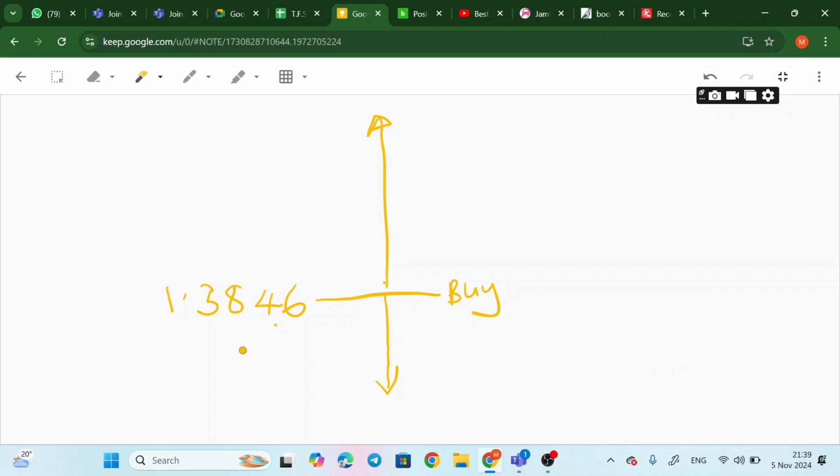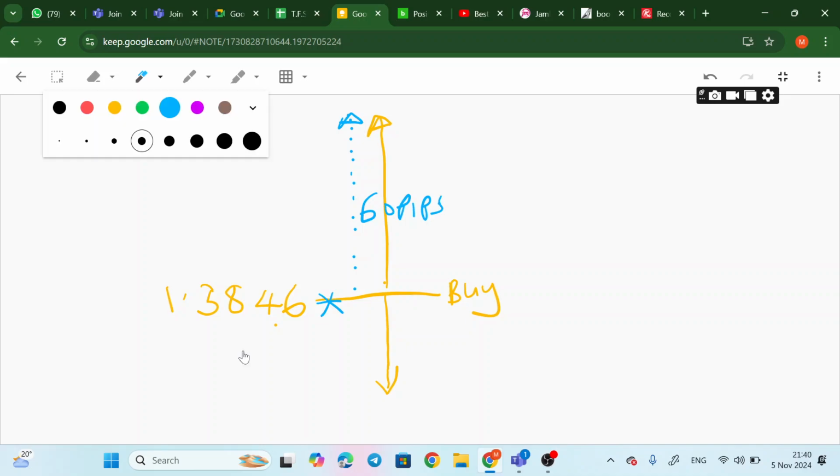I've entered the market here. You have entered this market here, and we are saying that this market is going to go up. If it goes up, I'm targeting 60 pips. But in case this market decides to go against me, I'm only willing to lose 20 pips.